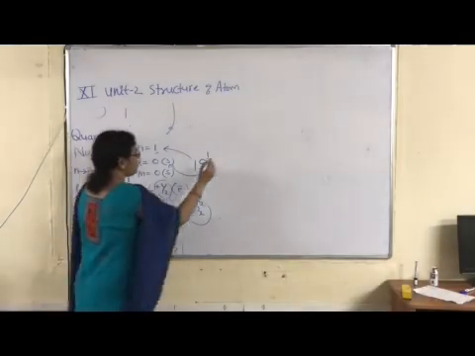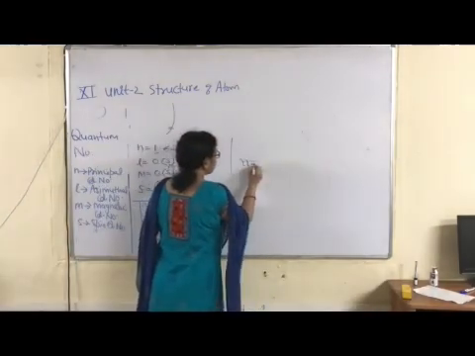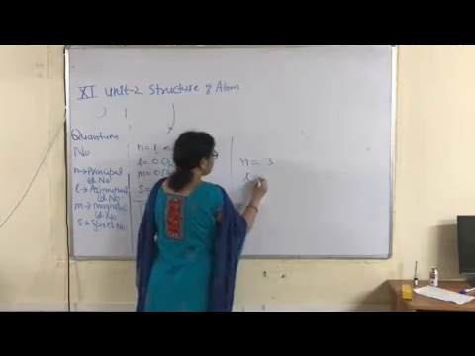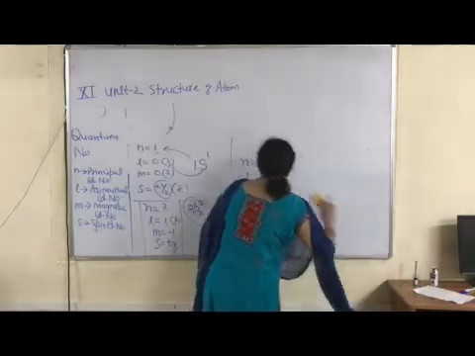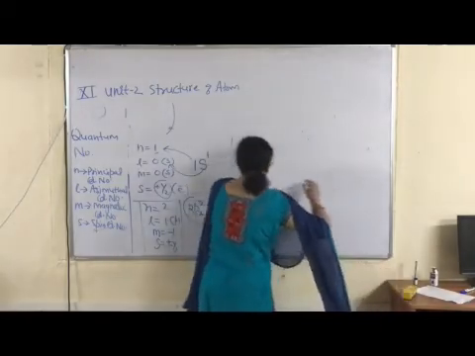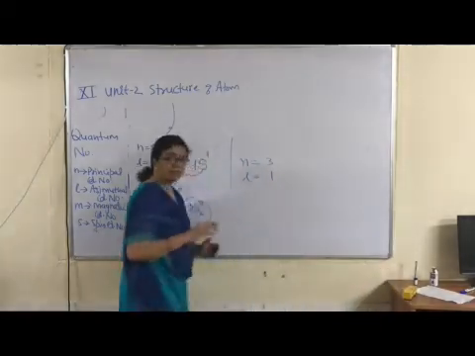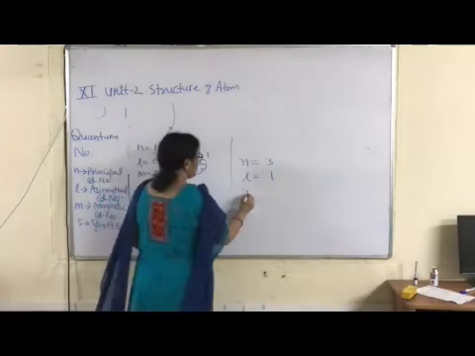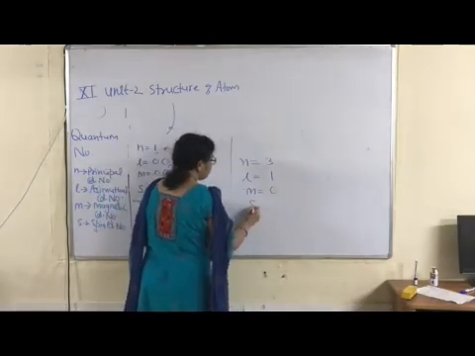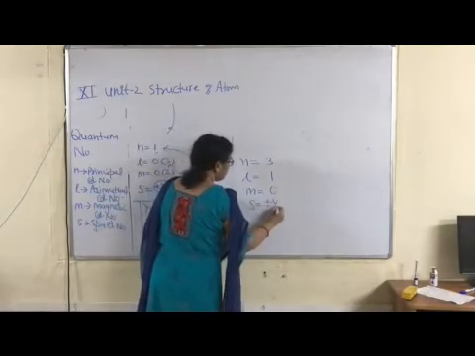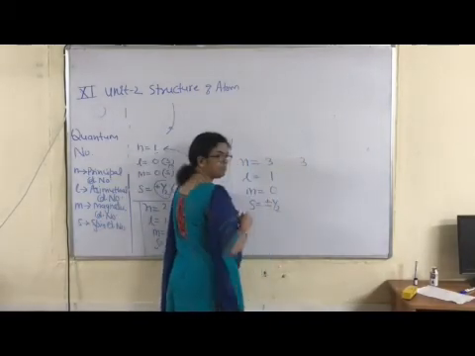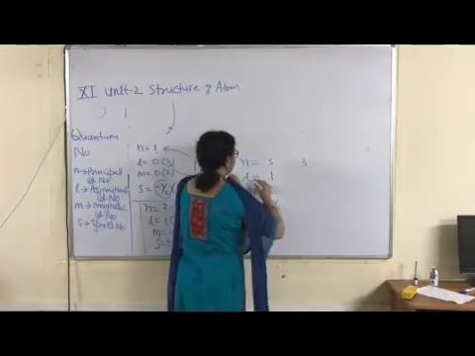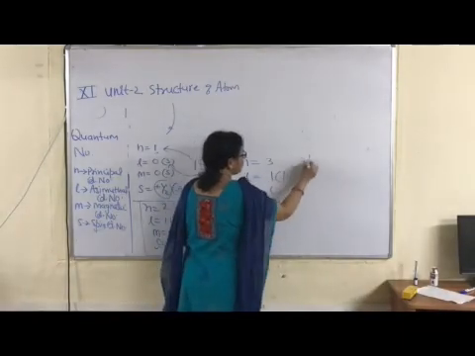Okay children. Next one, if n is equal to 3, l is equal to 1, it means p subshell, and m is equal to 0, s is equal to plus minus half. n is equal to 3 means third orbit, third energy level, l is equal to 1 means p, right?